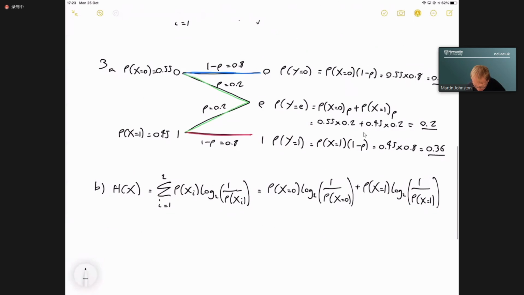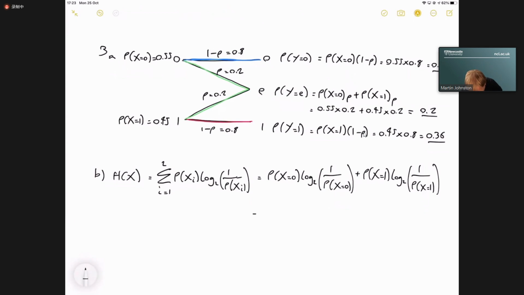Putting those values in, we've got 0.55 times log to base 2 of 1 over 0.55, plus 0.45 times log to base 2 of 1 over 0.45.